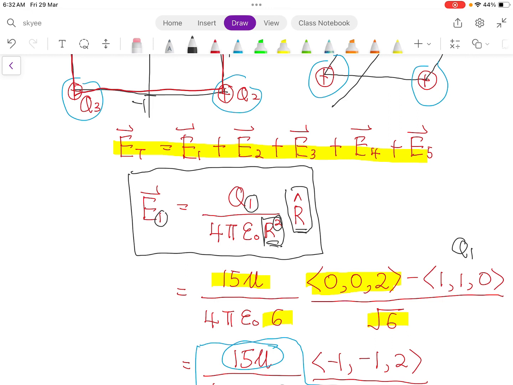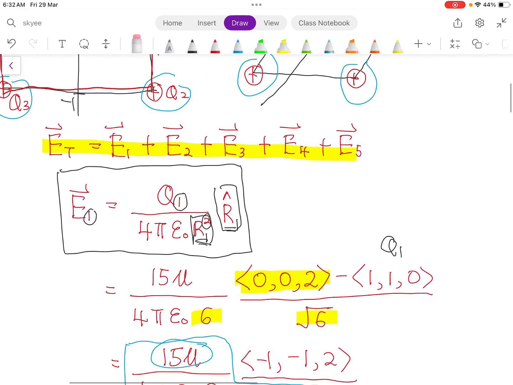If, for example, I want to calculate the electric field due to Q1, then you will label it as E1, with Q1 and R1 here. Then you insert the values that you know, for example the value of the charge. Then you move on to calculating the distance vector R1.